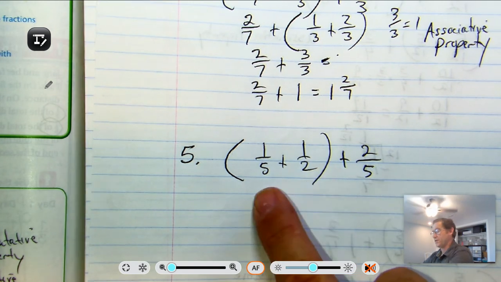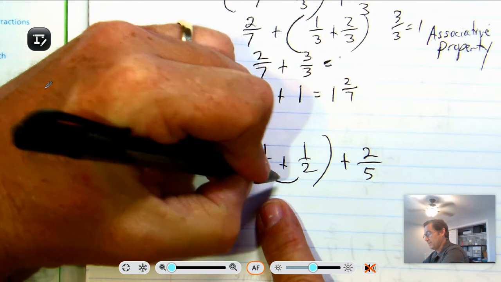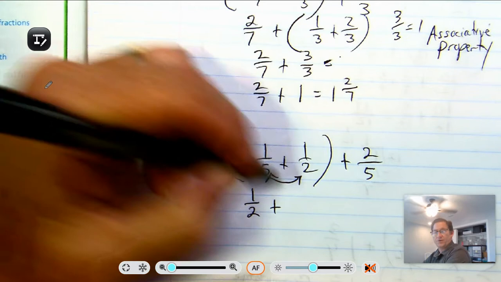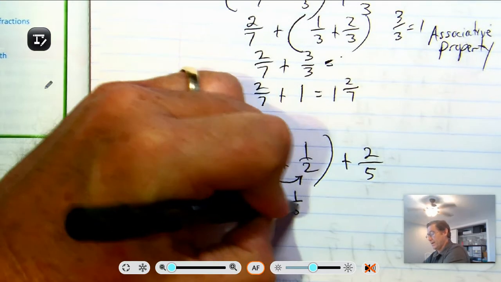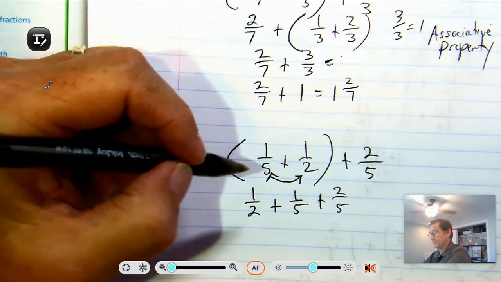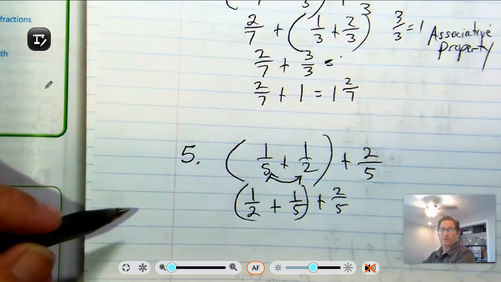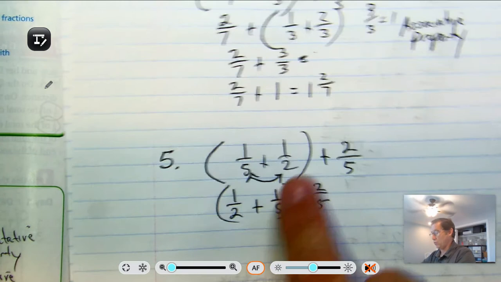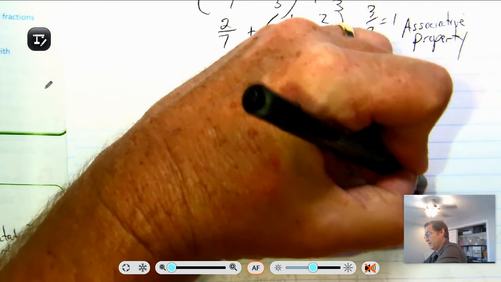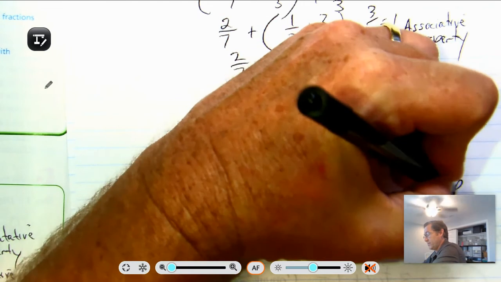So let's switch the order of these two fractions. Put the 1/2 first, the 1/5 second, and the 2/5 third. Right now all we did was switch the order. The property that allows us to change the order without changing the sum is the commutative property.